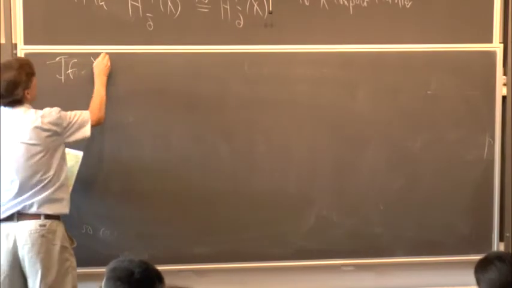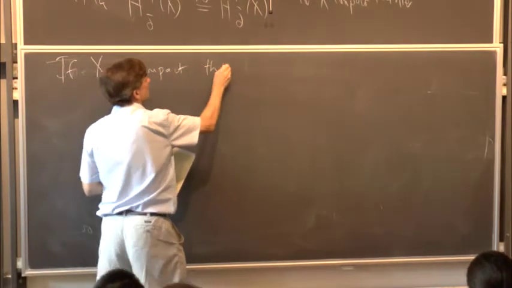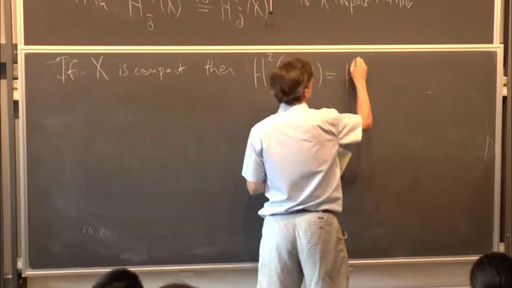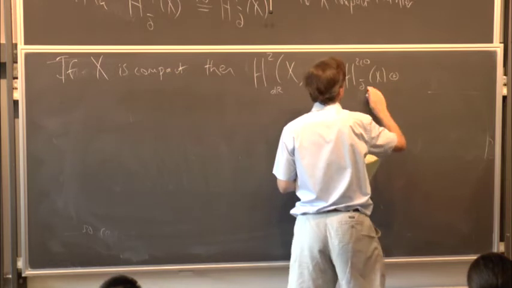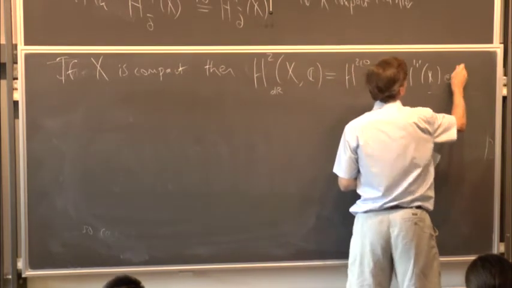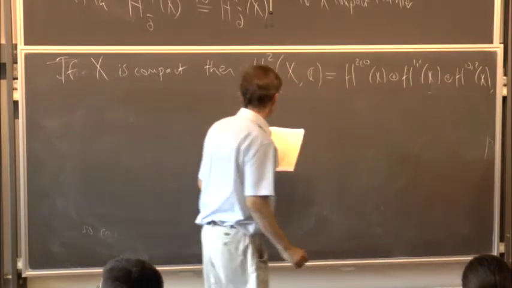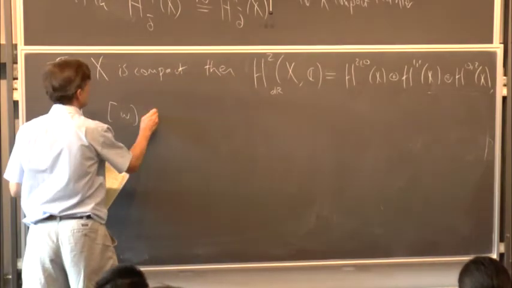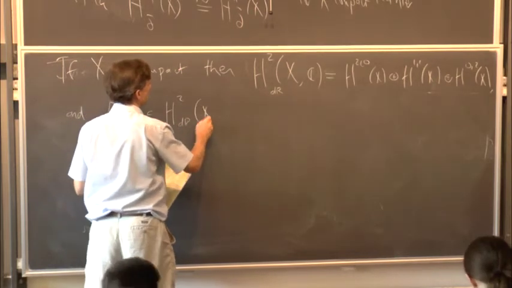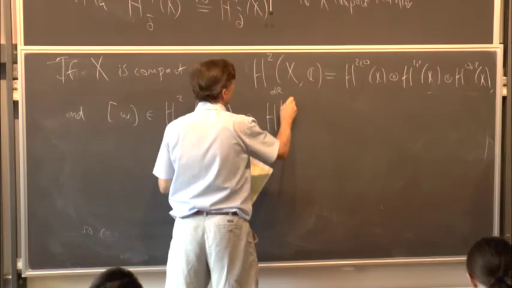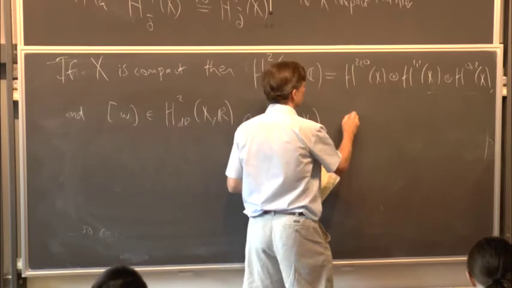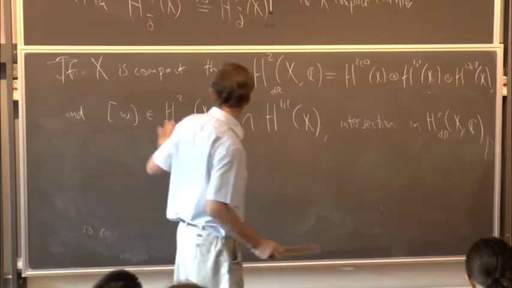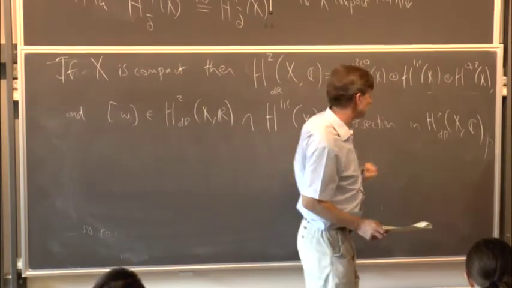So if X is compact, then, well, we have H²(X) de Rham, at least over the complex numbers, splits as an H^{2,0} of X plus, well, let's leave the d-bars out, an H^{1,1} of X plus an H^{0,2} of X. And omega lies in the (1,1) part of this, so [ω] lies in H²(X, ℝ) intersected with H^{1,1}(X), where the intersection is in H²_dR(X, ℂ), which we consider as containing both the real de Rham cohomology and these complex vector subspaces.